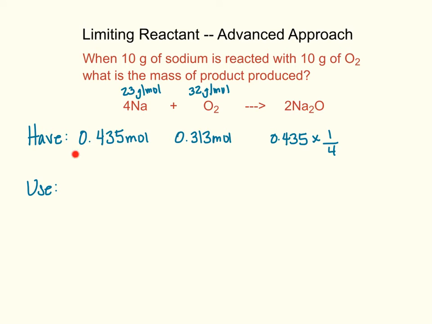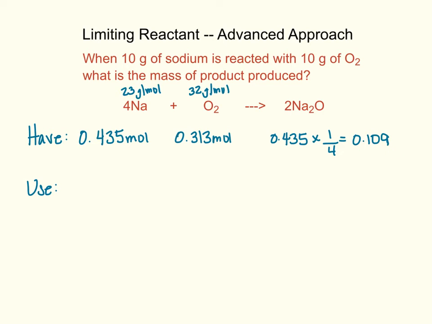To do this in your head, you look at this number, 0.435, and multiply it by this coefficient over this coefficient. Always look at the opposite coefficient first, that goes on the top, and the coefficient for the reactant you're working with goes on the bottom. So when I do this, I get 0.109.